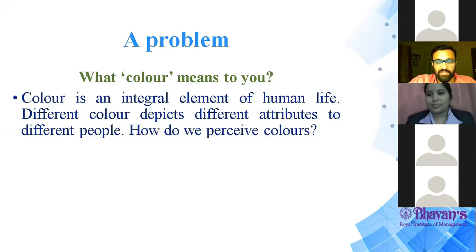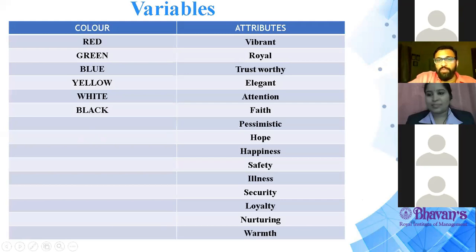So only data is being sent to you, what color means to you and how you associate different attributes. If you want to speak further regarding the problem, we should have a base idea regarding what all variables were asked in the questionnaire.